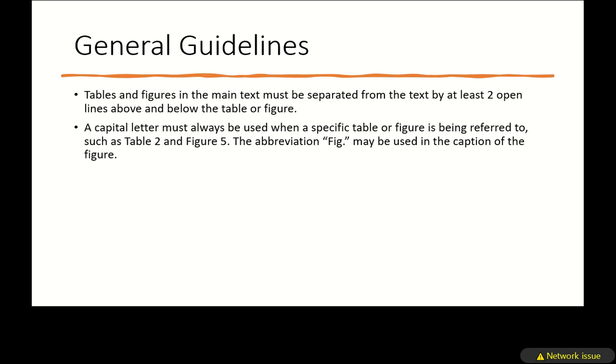This means I am talking about a specific figure. So I will say, for example, Figure 1 shows this data. I will use it like this, the first letter capital. And then in the next sentence, I say, from this figure we can see this. So I am not giving the reference of the figure, so I will use it like this. Got it? Clear or not? Everybody?